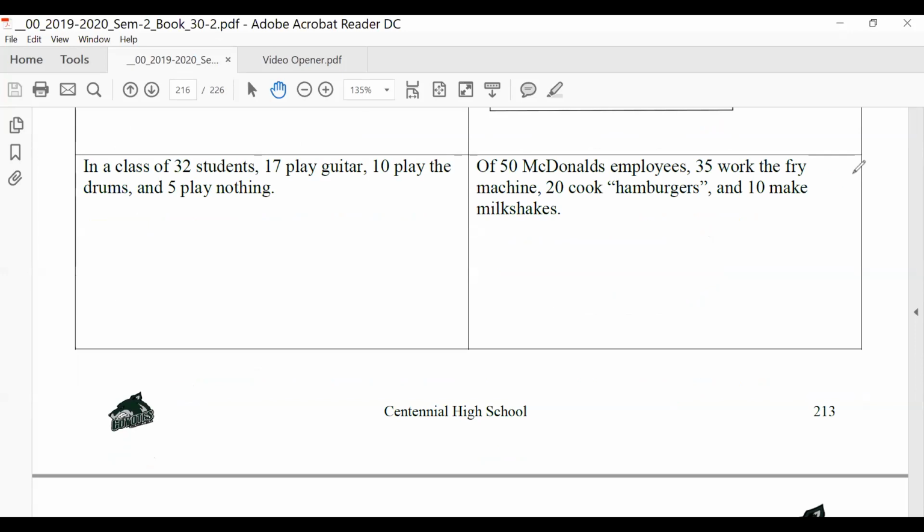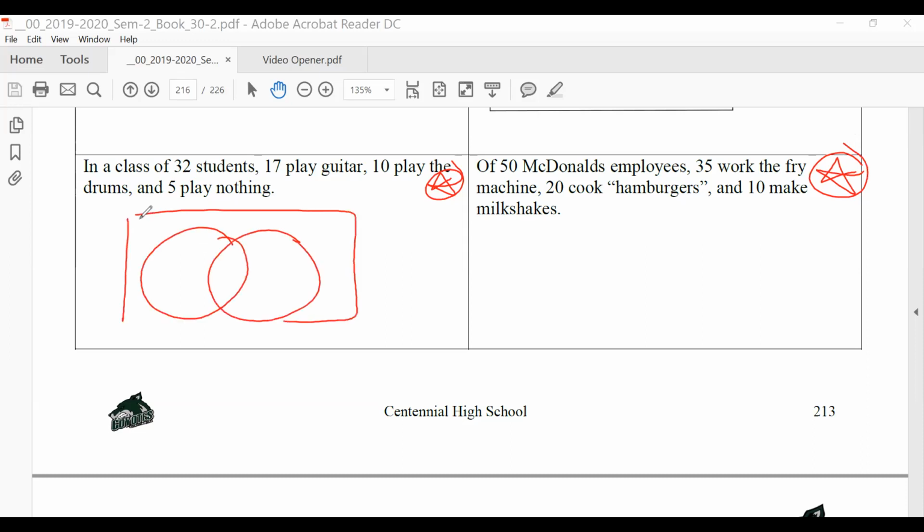Okay, last ones, big star here. Okay, show up. I guarantee you get this question on your diploma. So in a class of 32 students, 17 play guitar, 10 play the drums, 5 play nothing. Okay, well, I'm going to draw me a Venn diagram. So I've got 5 people that do nothing. There's 32 here. So what does it say? 17 play guitar and 10 play the drums.